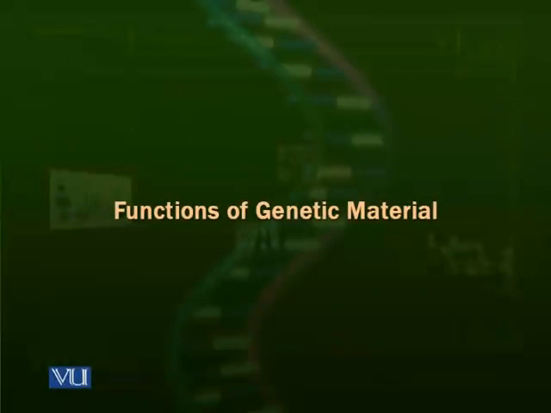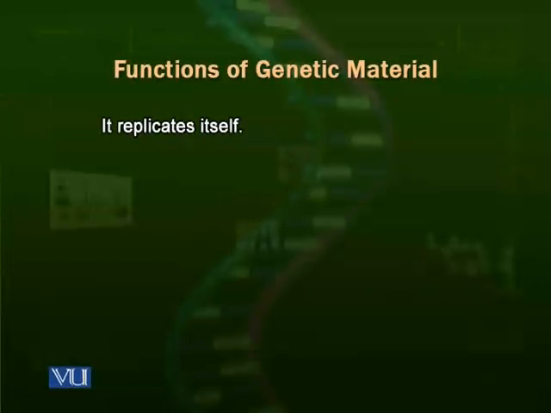There are certain specific characteristics of the genetic material which actually make it a genetic material, because genetic material means that this particular molecule should be able to transmit the hereditary information from the parents to the offspring, to the next generation.